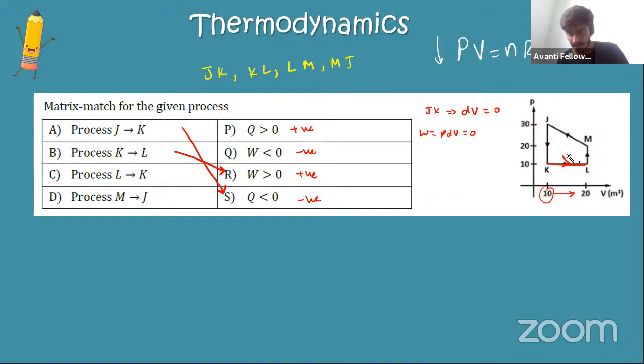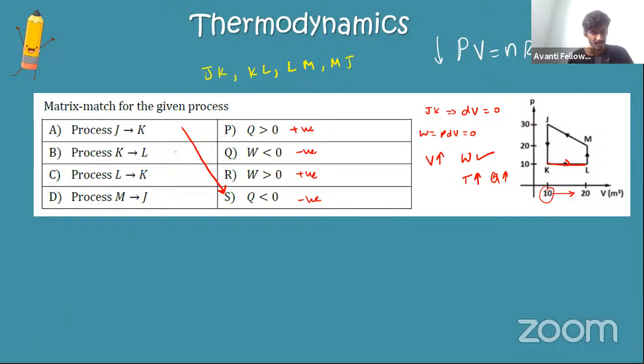Also you can do it for Q. Whenever volume increases, work is done, I agree, but with volume increase, temperature will also increase, and whenever temperature increases, Q also increases. So this will have multiple options. KL will be equal to increase in temperature also. You can map it to increase in temperature.